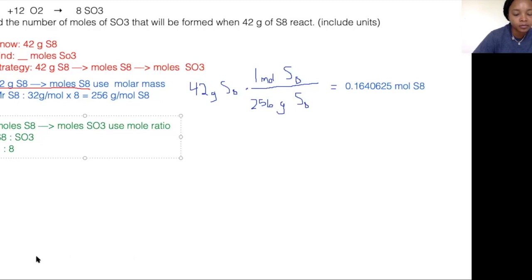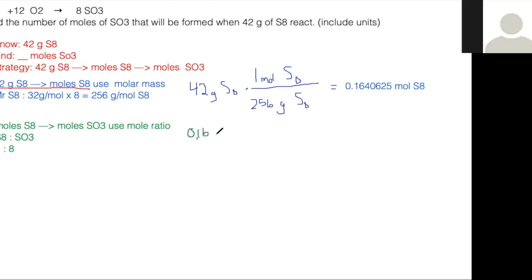Now you gotta use the 0.16. I'm just gonna put 0.16 for speed, but you're gonna use the whole number in your calculator. Yeah, I'll use the whole one in my calculator.